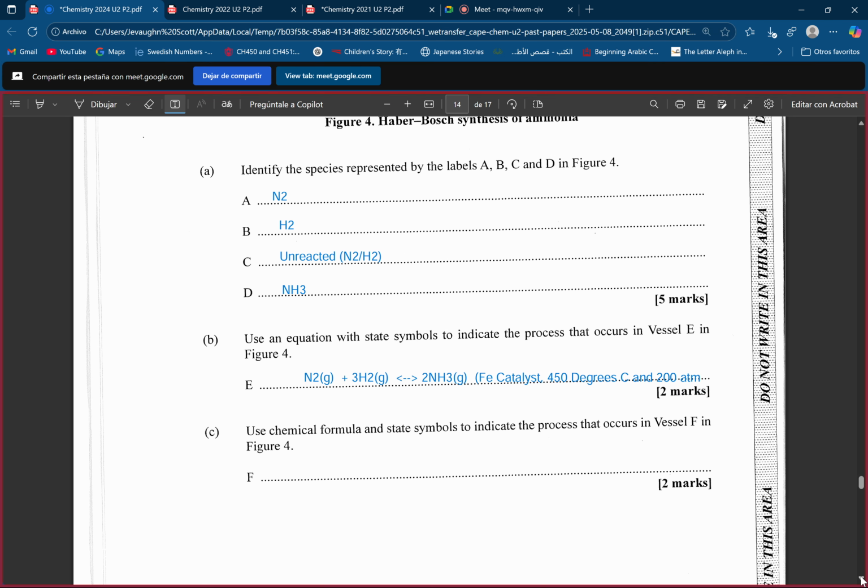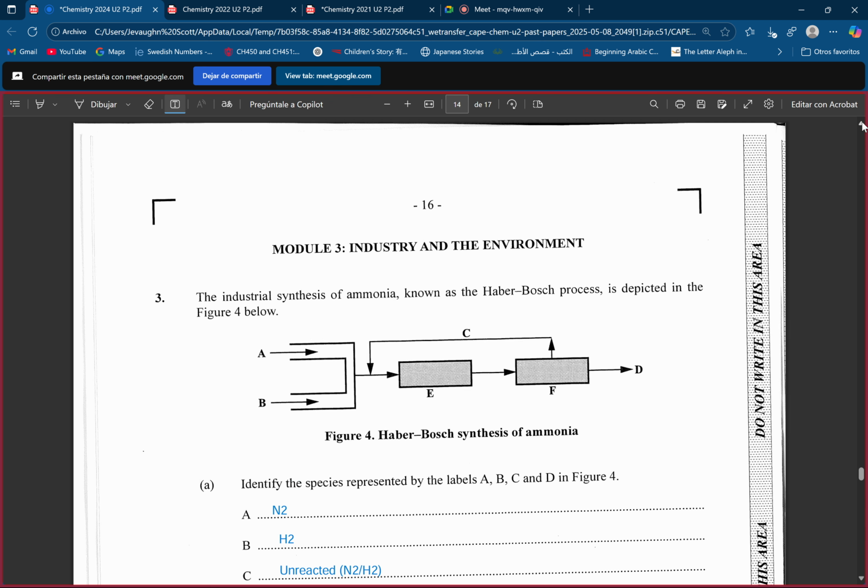Use the chemical formula and state symbols to indicate the process that occurs in vessel F. What happens in vessel F? Really, really simple, right? Okay, go ahead. Somebody raise your hand.